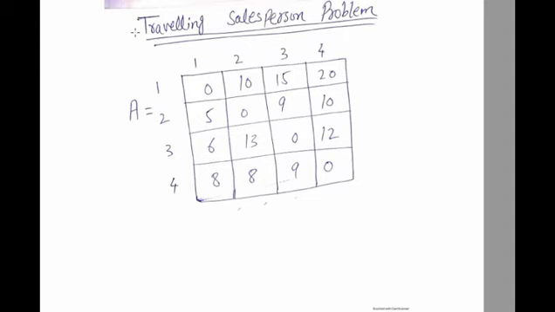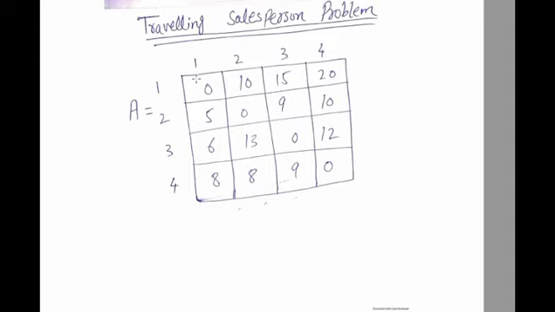So if you take a look at the problem, we are given a table. You can also draw a graph for it with 4 vertices as the distances are given. You can see that the diagonals are 0, as there is no distance of any point to itself.